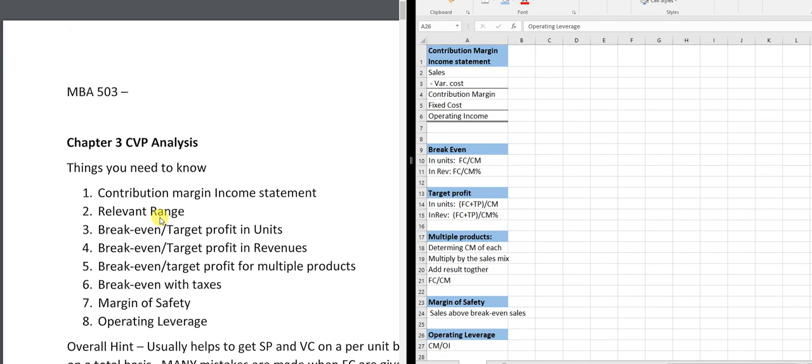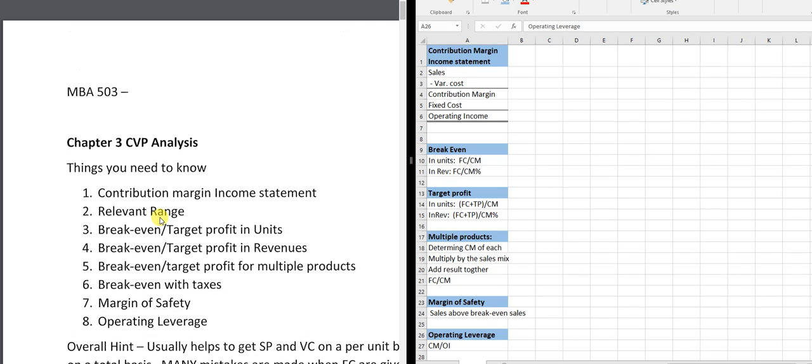So the relevant range was 0 to 4,500 because that's where I need 1 machine, and the fixed costs are whatever the fixed costs are for 1 machine. If I'm going to talk about more than 4,500 units, then the relevant range is the range at which the fixed costs in total stay the same.